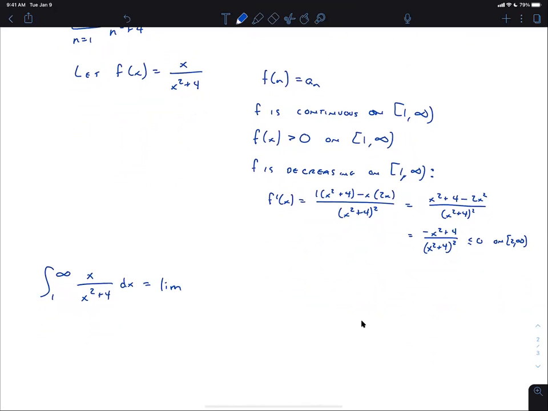So you do the limit as r approaches infinity of the integral from 1 to r of x over x squared plus 4 dx. And so back when we were doing improper integrals, we said, okay, well, you can't deal with it when this is infinity, but you could do the integral from like 1 to a billion or 1 to 100 billion or something even bigger than that. And so you want to go from 1 to a finite number, but as that finite number r approaches infinity.